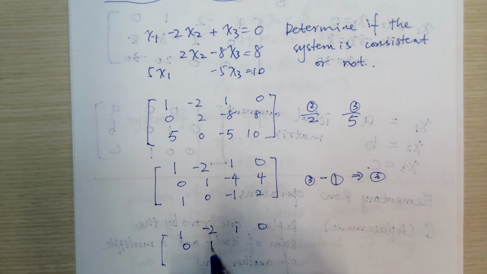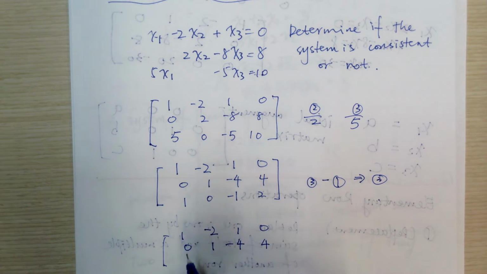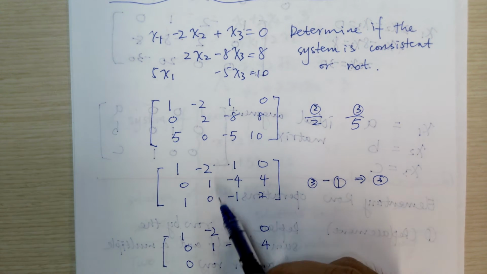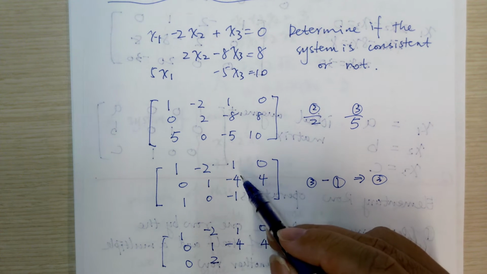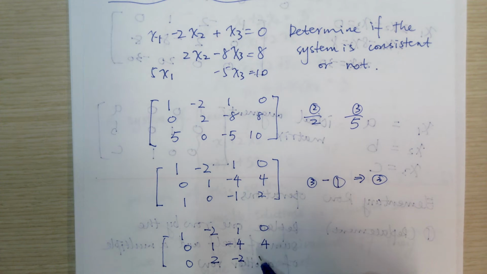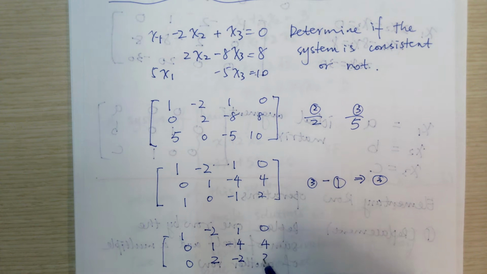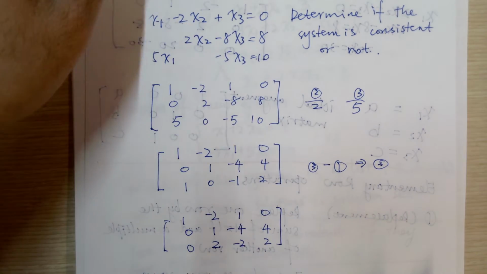Row 2, nothing changed. This part becomes 0, 0 minus negative 2 becomes 2, negative 1 minus 1 becomes negative 2, and 2 minus 0 becomes 2. That's what we get.